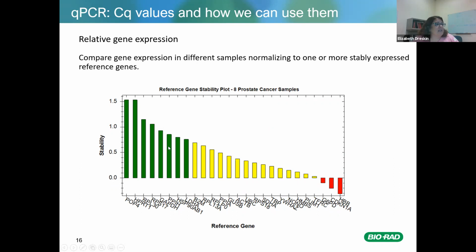The ones in green were calculated to be stable. The ones in red are not stable, so they are changing in different samples, and we wouldn't want to use that, as that'll introduce some errors into our analysis. The reference genes can be used to normalize for our sample input, once we've determined that they're stably expressed throughout our experimental samples.